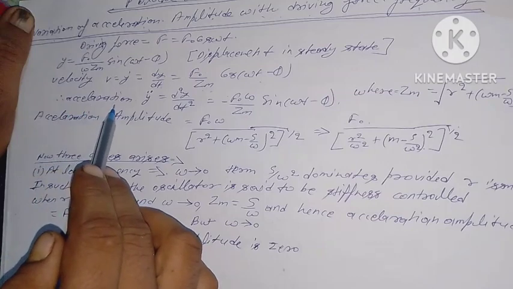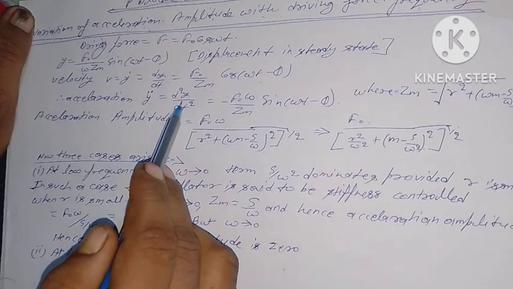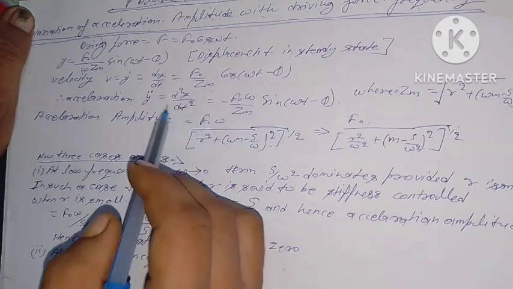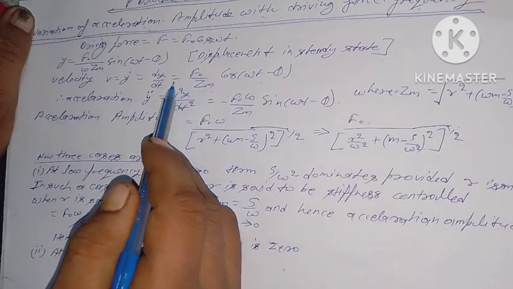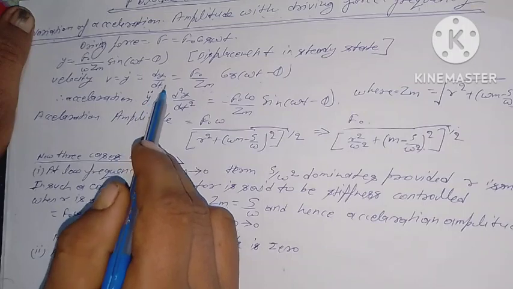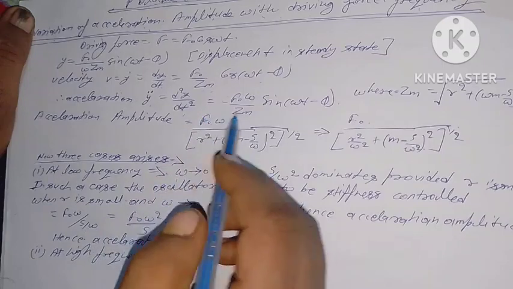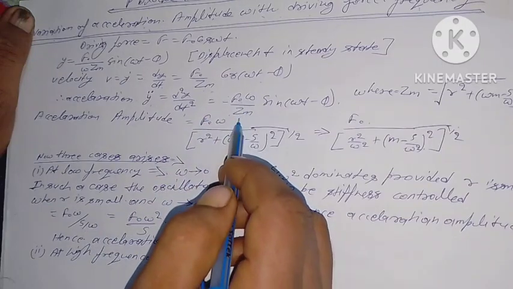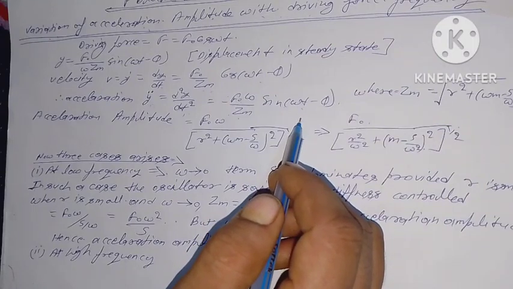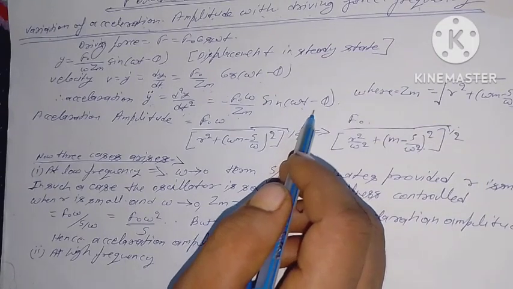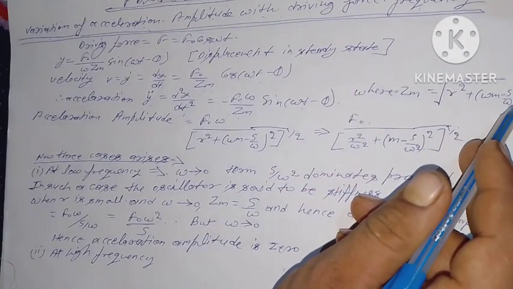And acceleration equal to double differentiate of displacement, d square y by dt square, equal to minus F naught omega upon Zm sin(omega t minus phi), where Zm equal to under root of r square plus (omega m minus s by omega) square.